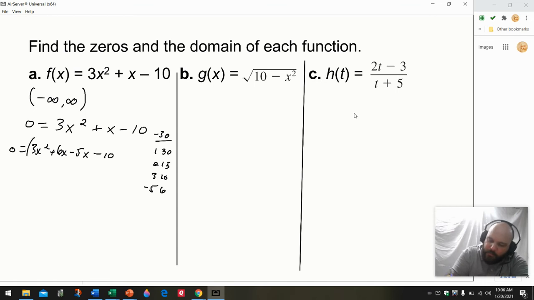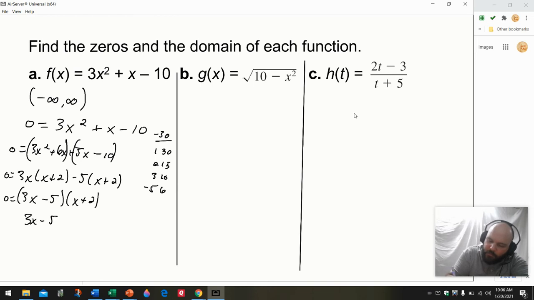And then I'm going to go ahead and group like that. Take a 3x out, x plus 2. Take a negative 5 out, x plus 2. Regroup. And you can see now both of these are equal to 0. I'm going to set each one equal to 0 individually and then solve.